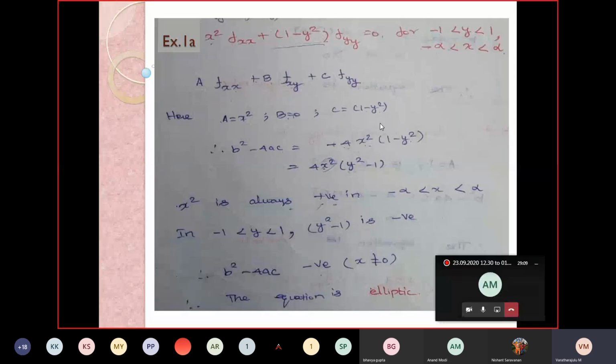The number in y square becomes lesser than 1, so y square minus 1 is always negative. Therefore this term becomes positive and this term becomes negative, so we are getting a negative value for multiplying these two. Therefore b square minus 4ac is always negative. Therefore the equation belongs to elliptic.